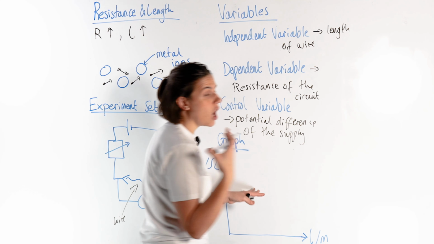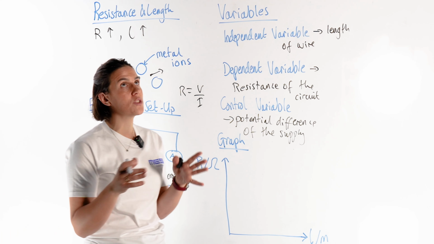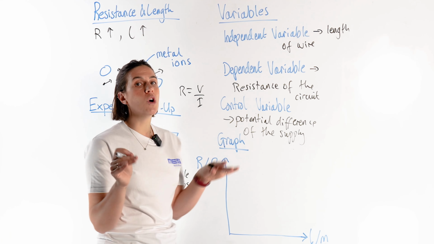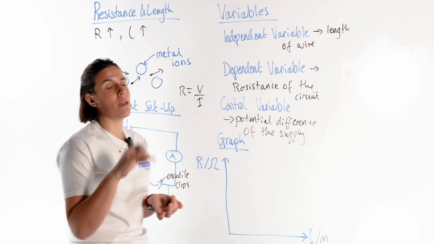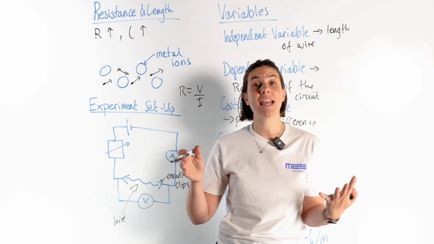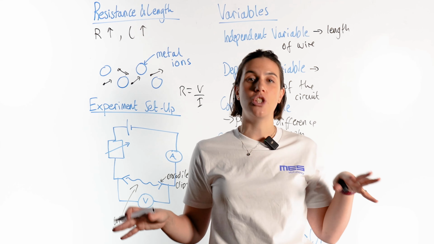I'm not going to suddenly start halfway through the experiment using 2 cells or 4 cells or change what I'm using as my power supply. I want to make sure that stays the same all the way through, because I'm going to change the length and see how that changes the resistance. I don't want anything else to change.